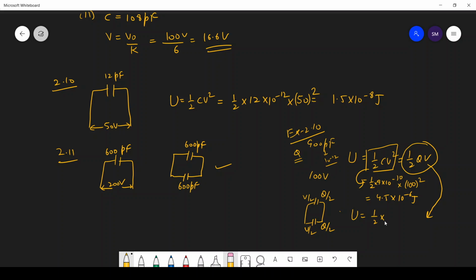So that's half into, so Q has also become half, and V has also. So this is it.